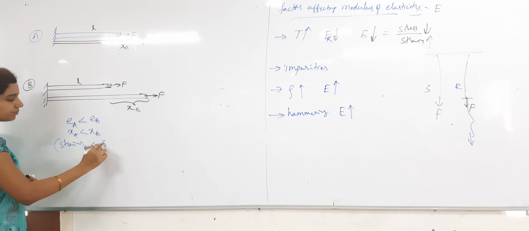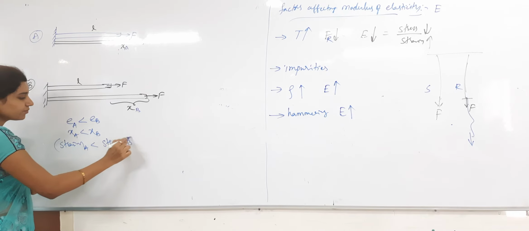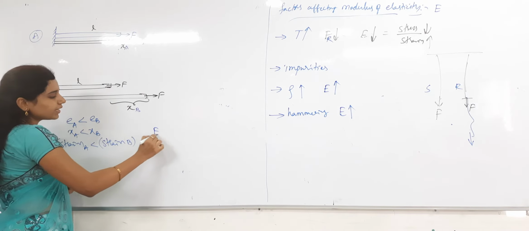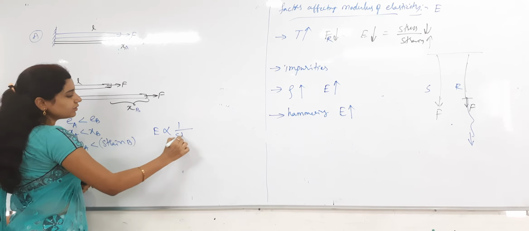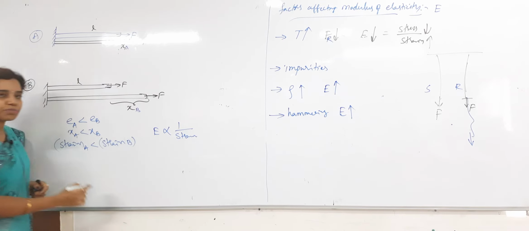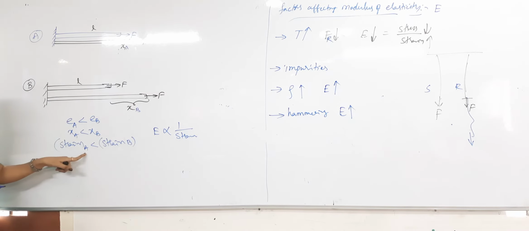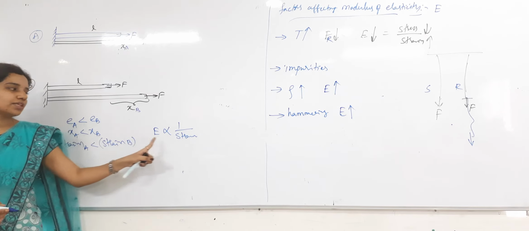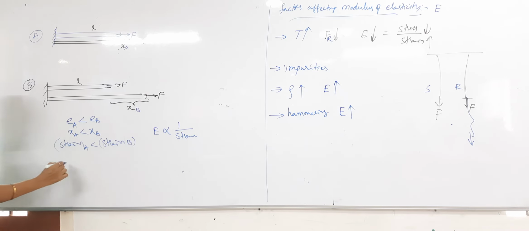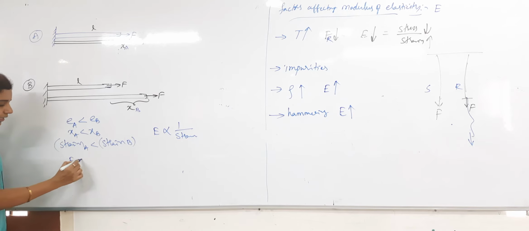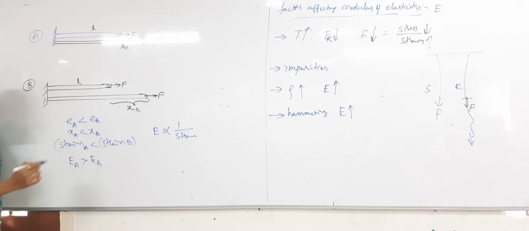So here the strain of A is less as compared to the strain of B, and we know that the elasticity is inversely proportional to the strain. For A, strain is less, so elasticity is more, so that EA is greater than EB here.